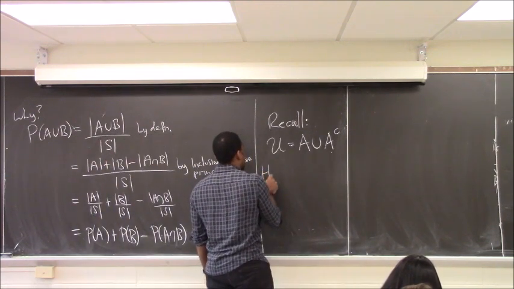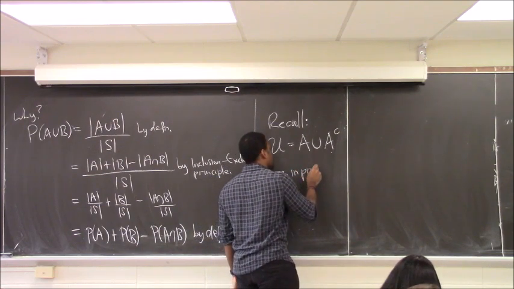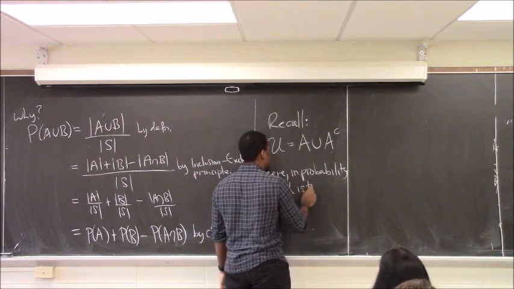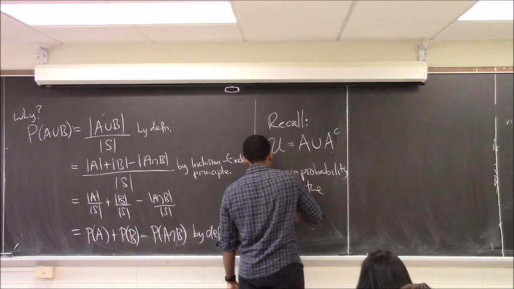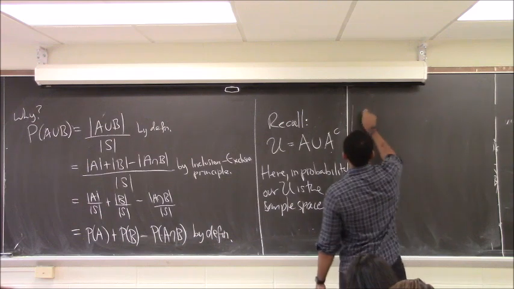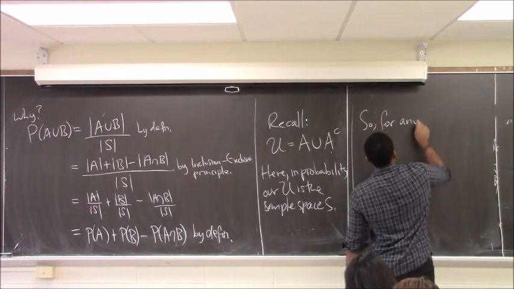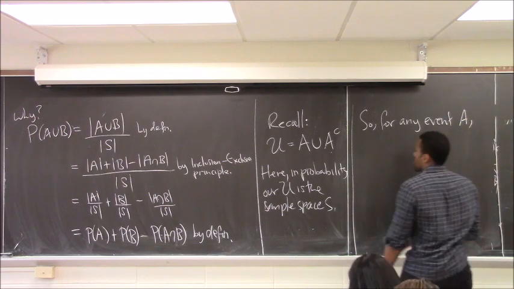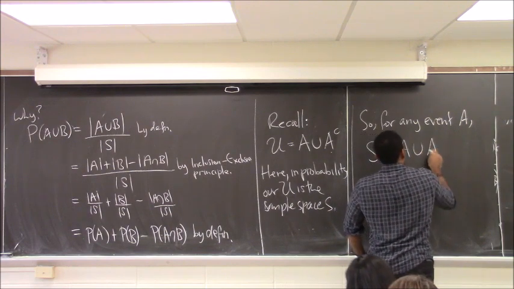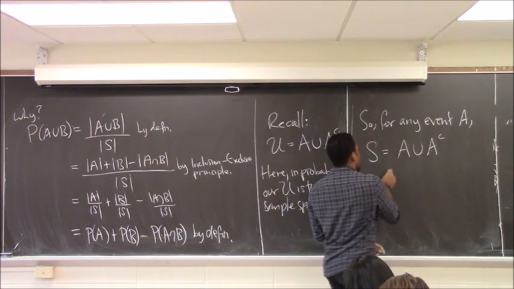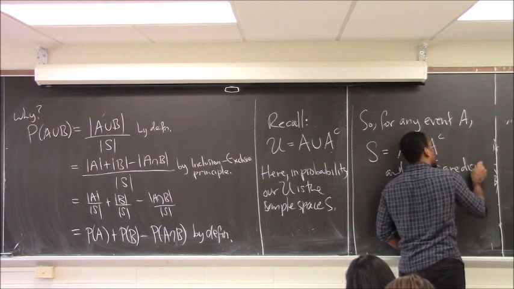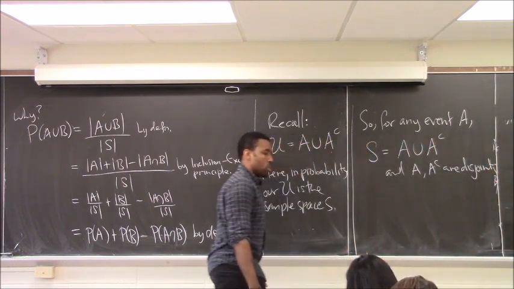So here, in probability, our U is the sample space S. So, for any event A, the sample space can be thought of as that event union the complement of that event. And of course, A and A complement are disjoint. They have nothing in common. If you're inside the circle A, you can't also be outside the circle A.